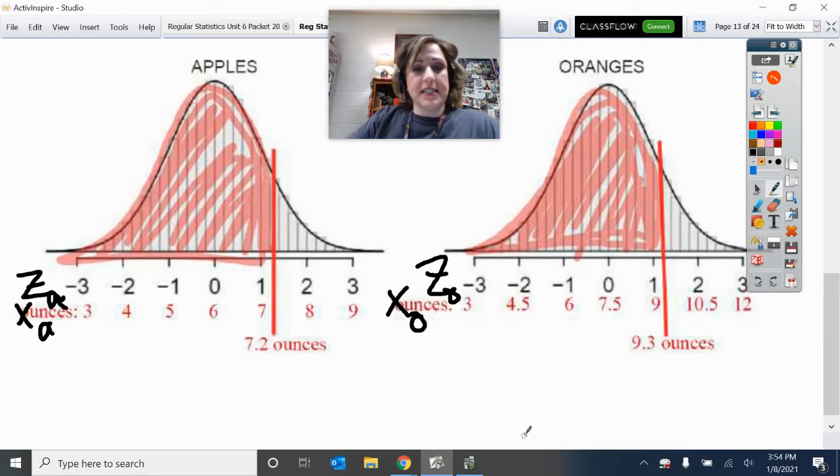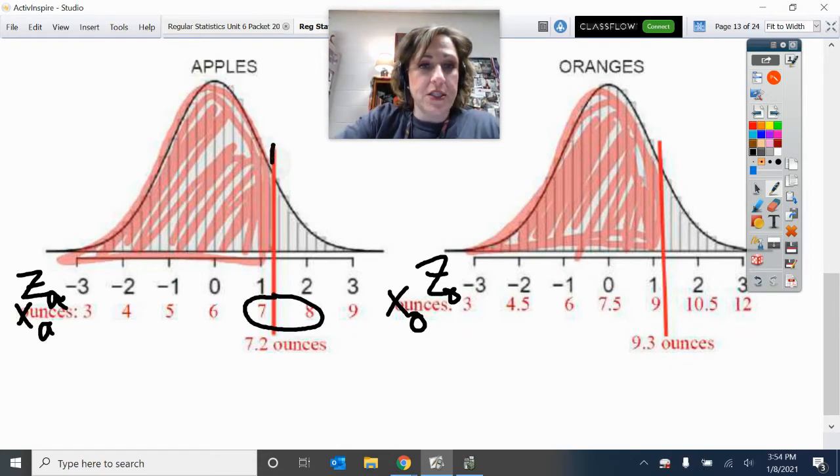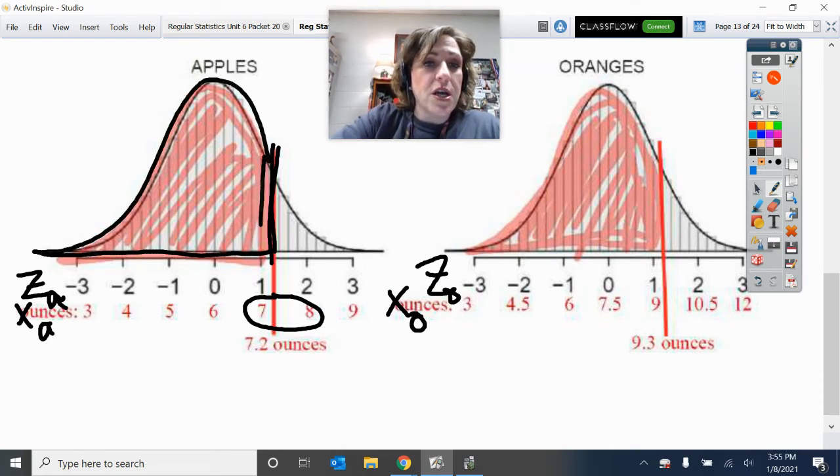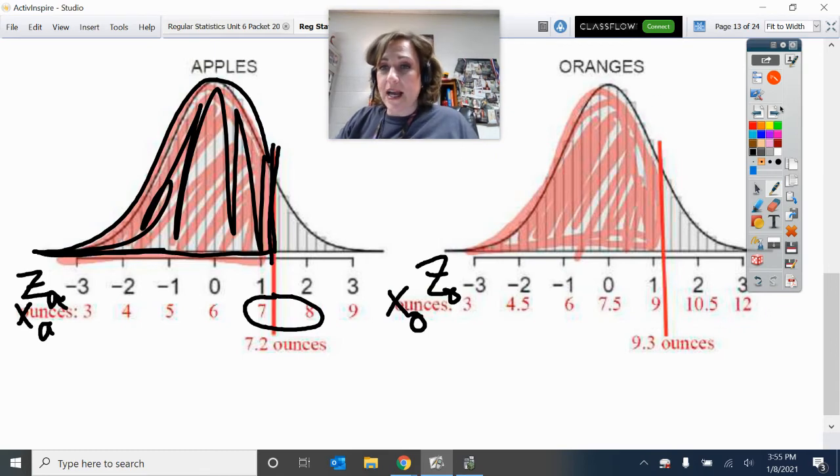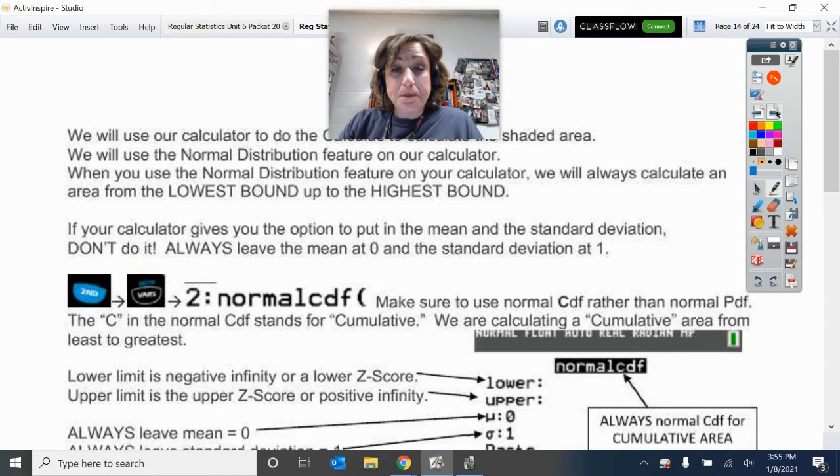I can tell based on this that 7.2 is about right there, and that area below is the percent. Remember, that was the very first thing that we learned: the area below is the percentage. Likewise over here, 9.3. What percentile? Based on what area is below that location. That's what we're going to learn how to do in our calculator.